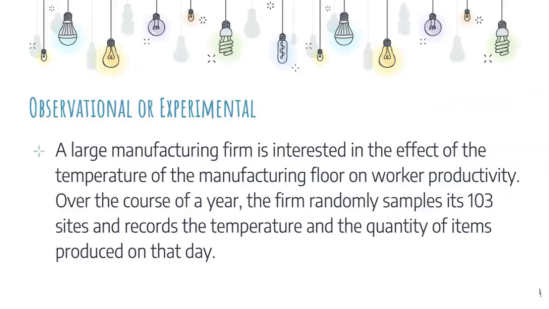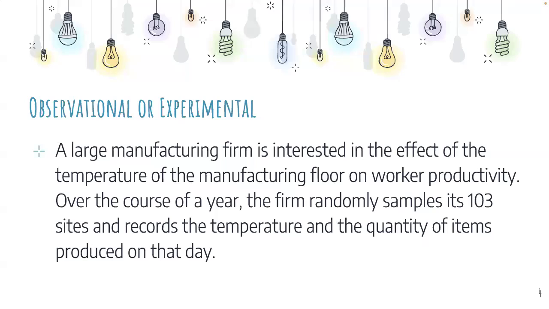Is this an observational or an experimental study? We have a large manufacturing firm that is interested in the effect of the temperature of the manufacturing floor on the worker productivity.